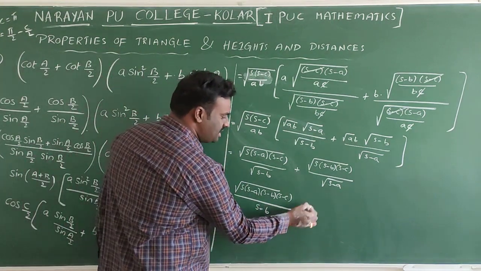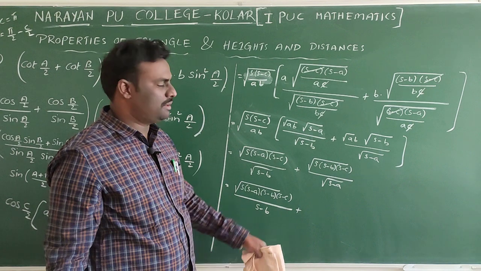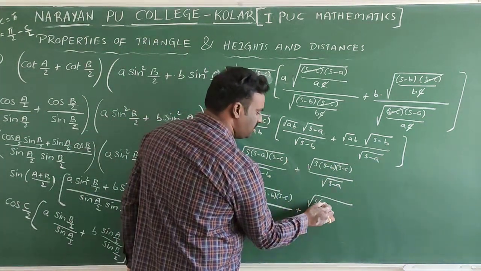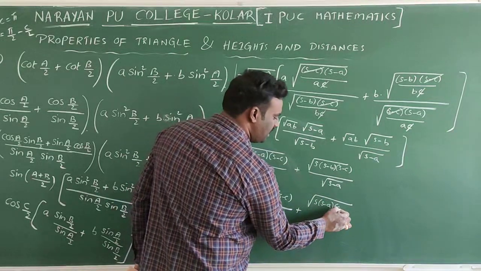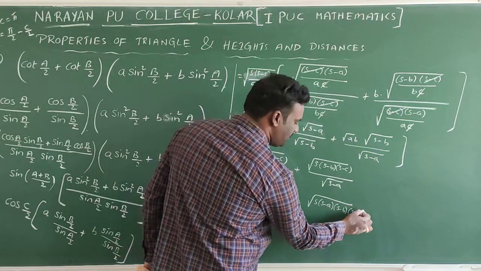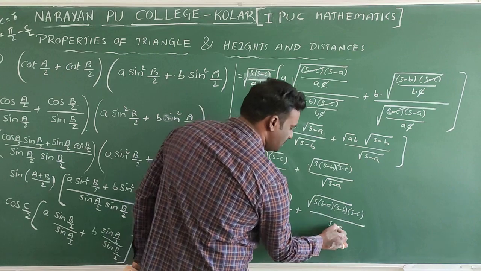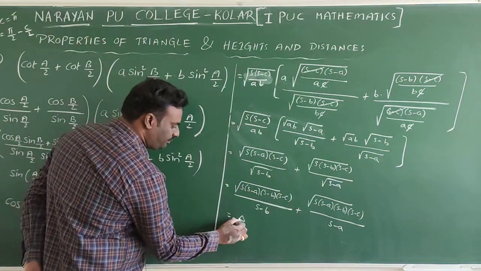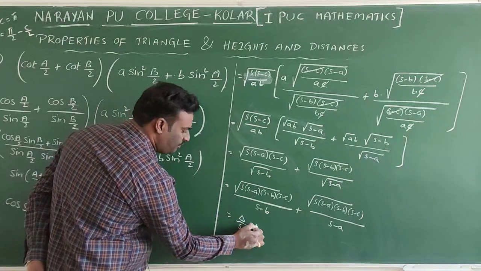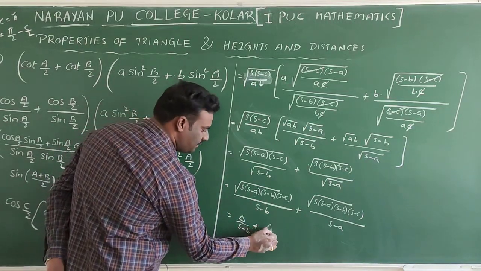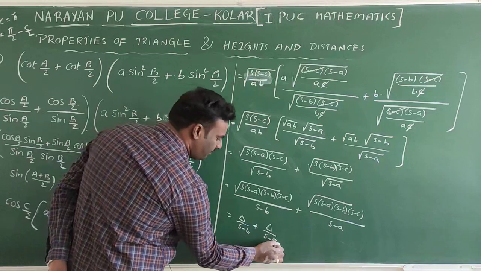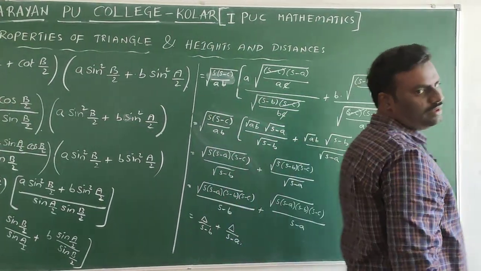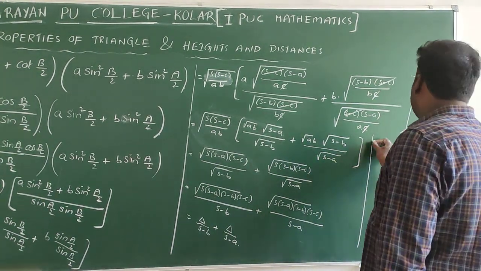Here also which is missing? S minus a is missing. Multiply and divide. Under root of s into s minus a, s minus b, s minus c, and here also the root will cancel. So this I can write as delta, and this is delta. Now delta common. Lengthy question.